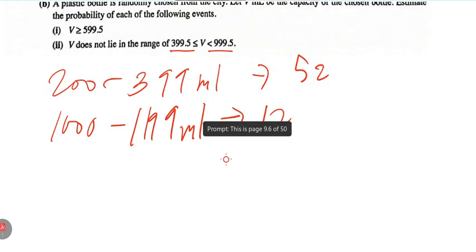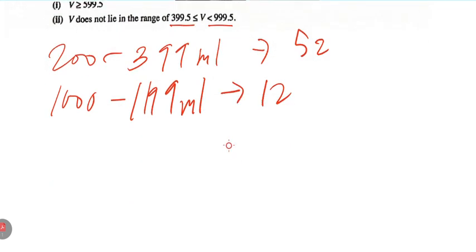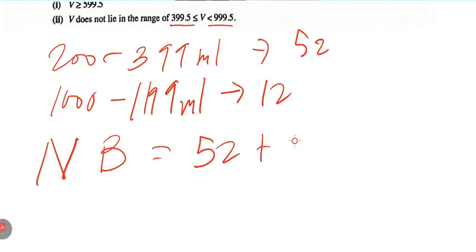Now to solidify, let's find the number of bottles. The number of bottles is 52 plus 12, which is 64. Now, since we have the number of bottles, let's write out the probability.